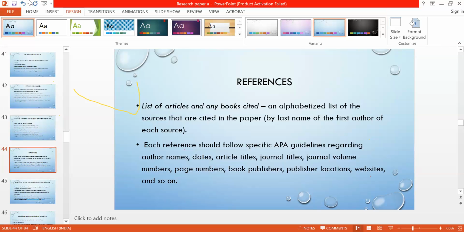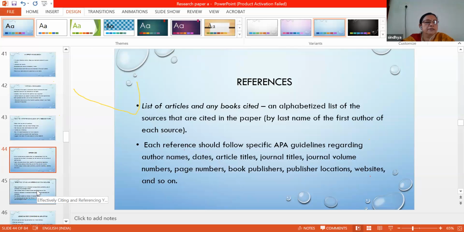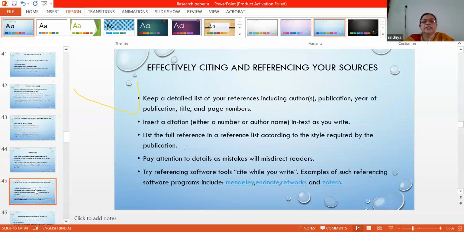So that is the APA style you should follow. Each reference should follow specific APA guidelines regarding author name, dates, etc. The referencing style is mentioned in the author guidelines of different journals, so you should follow the author guidelines while making the citations.